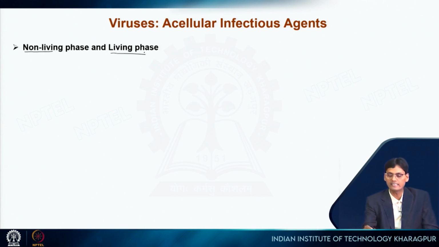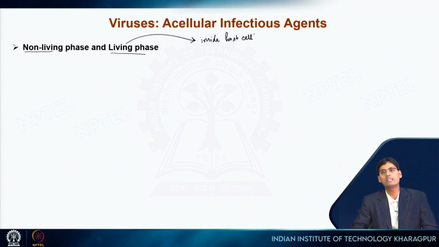They only show some living properties when they are present inside the cell. So the living phase you will only see inside the host cell. Otherwise, outside the host cell, it's just a non-living object.